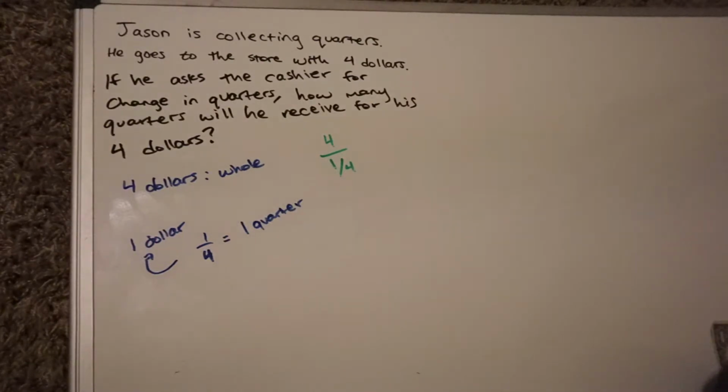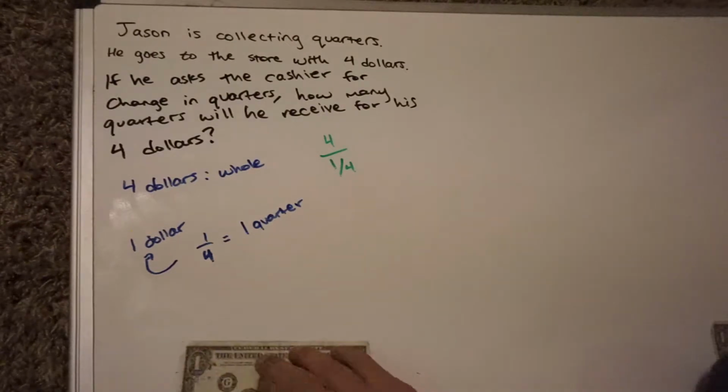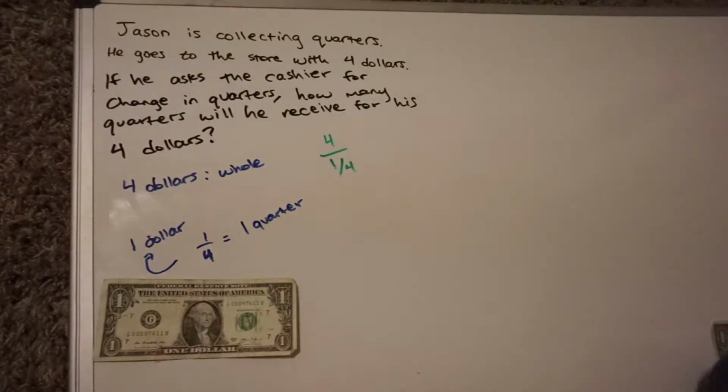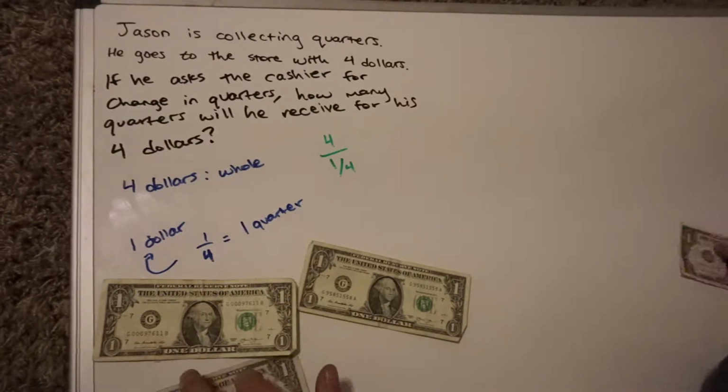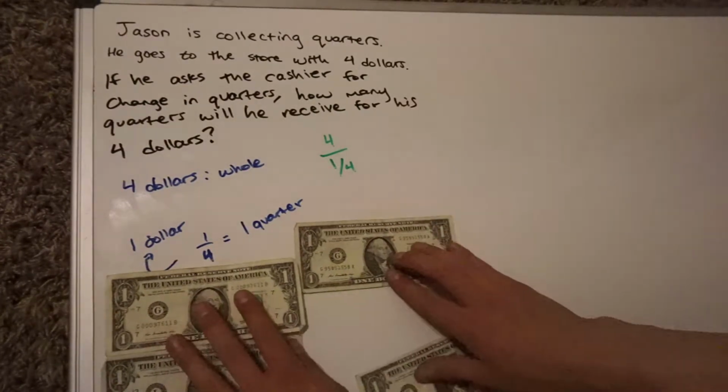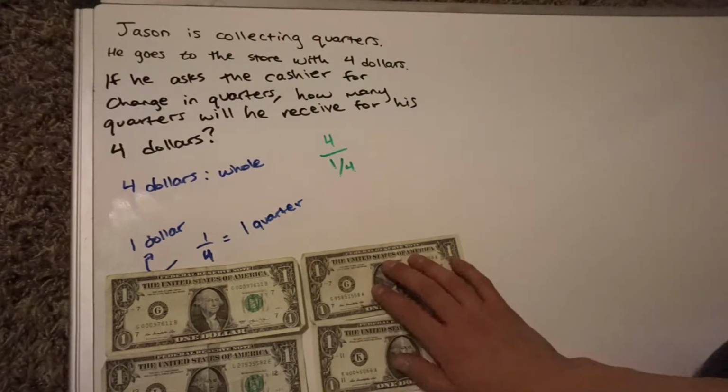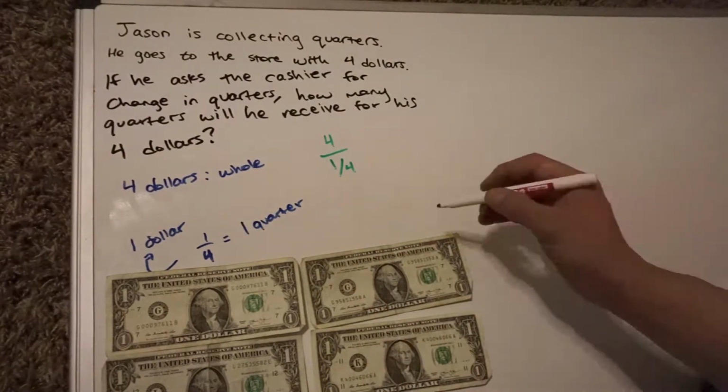So we're going to approach this using a set model. We have some cash here, and we're going to represent our whole, which is $4. There you have it, that's our whole.